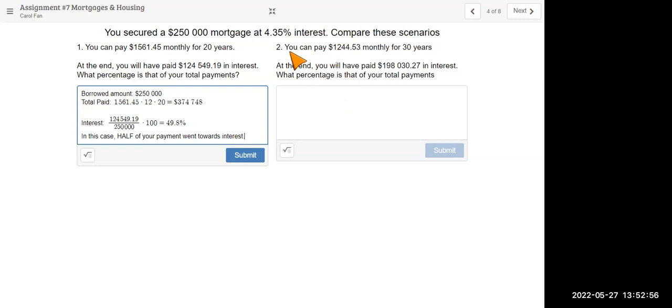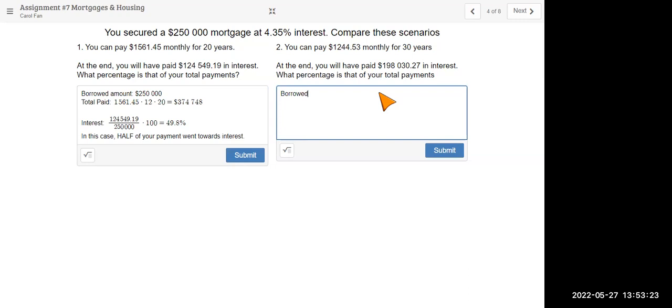The second scenario, we're paying the same amount. So we have a $250,000 mortgage. The difference is I'm going to pay this over 30 years instead of over 20 years. My monthly payment is way less, but I'm doing it for an extra 10 years. So once again, our borrowed amount is still the same.